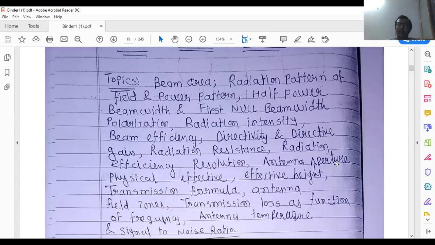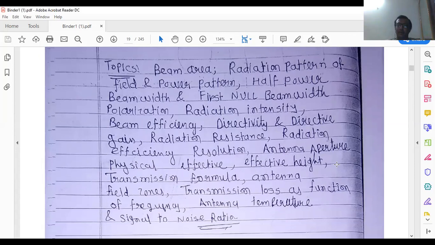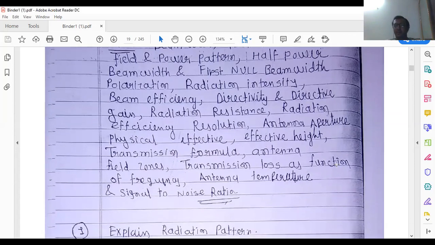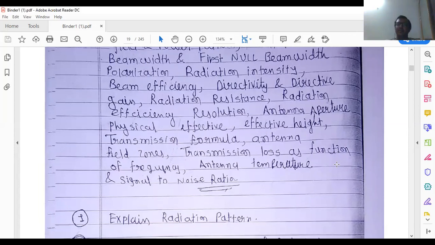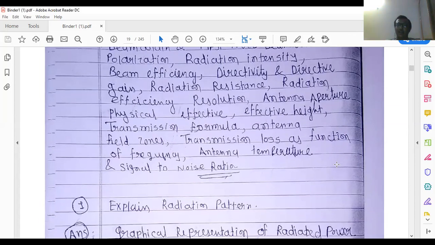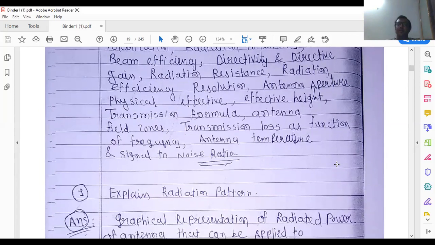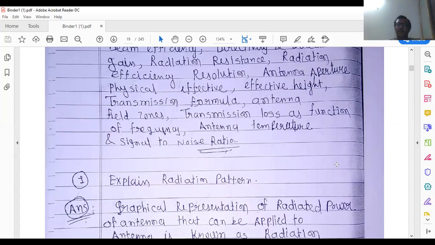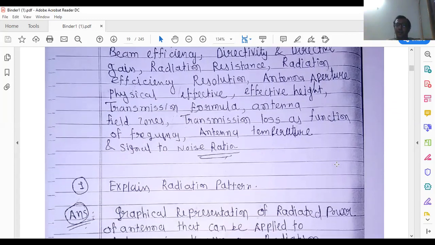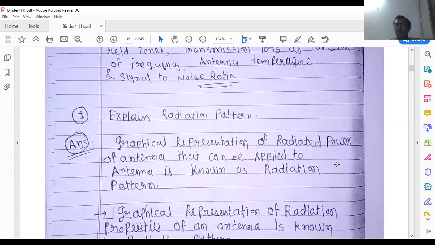So: beam area, radiation pattern of field and power pattern, half power beamwidth, beamwidth, polarization, radiation intensity, beam efficiency, directivity, radiation resistance, resolution, antenna aperture, physical aperture, effective aperture, Friis transmission formula, very important for MCQ. All the content here is in chapter number 2 according to the GTU syllabus. It is very important for MCQ.